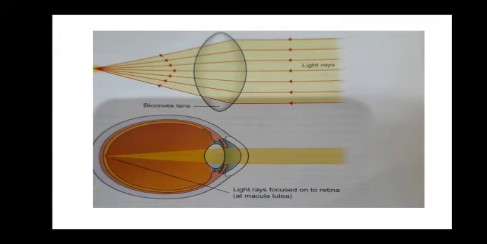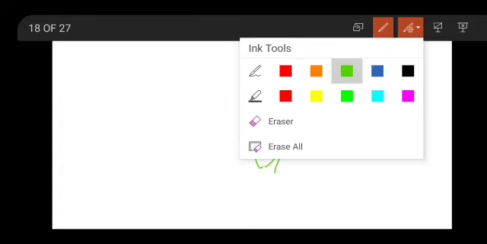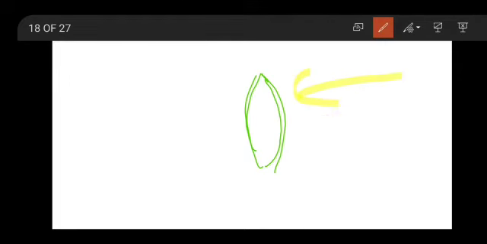One more thing I want to add here: the image going to the retina is upside down, and what our brain perceives is the right image. So in this structure you have seen, there is a lens, and the light refracts and goes to the retina.